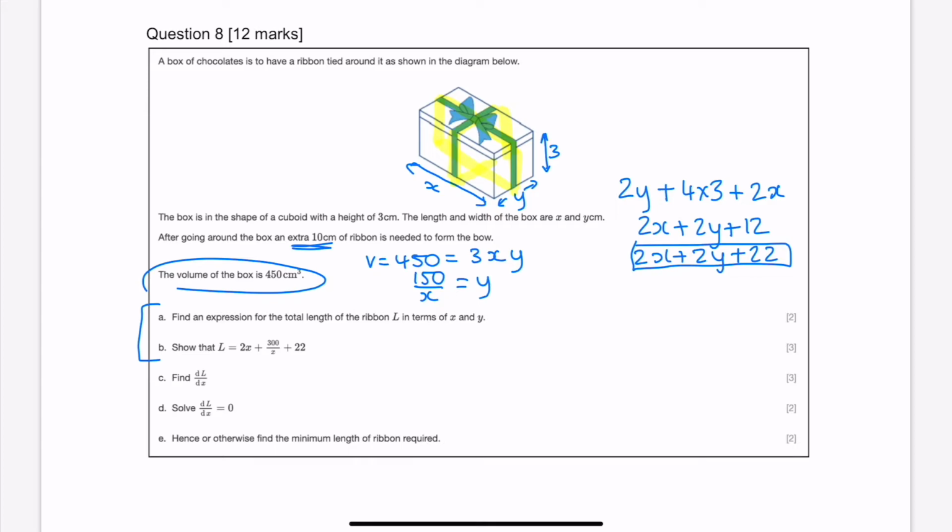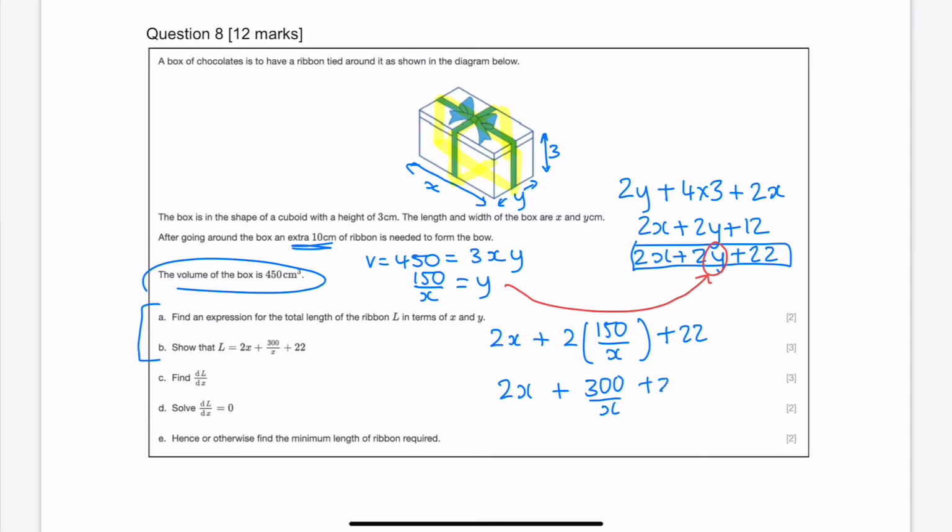And now I can put that into my other equation, for my value of y. So I have 2x plus 2 times 150 over x, plus 22. And when I simplify all that, 2x plus 300 over x plus 22. And that's what they've asked me to prove.